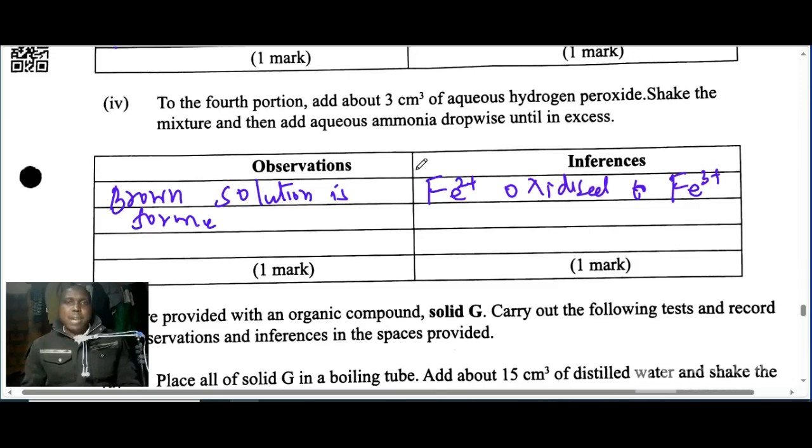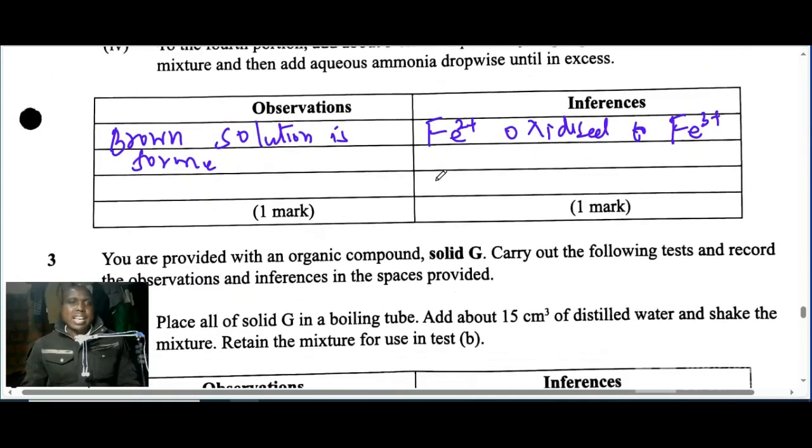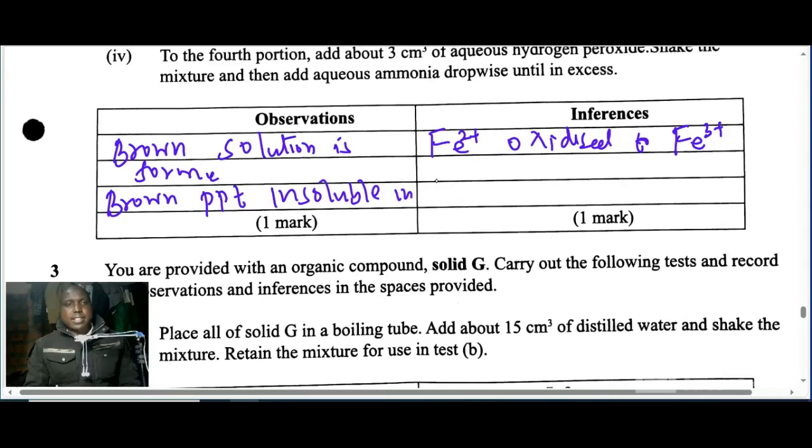Then now, for adding ammonia dropwise until in excess, the brown precipitate is formed. Brown precipitate, which does not dissolve, insoluble in excess ammonium hydroxide.